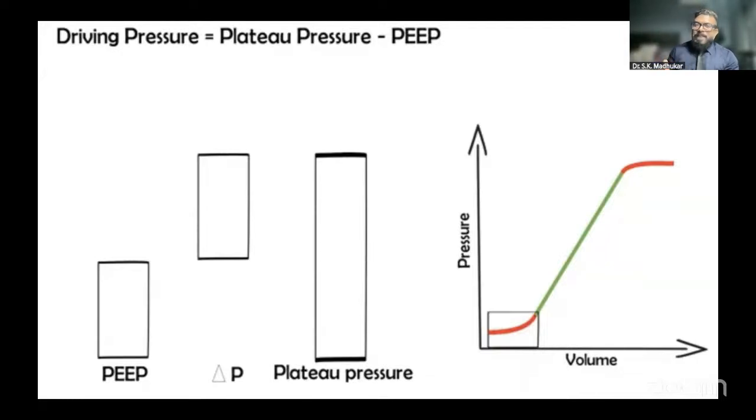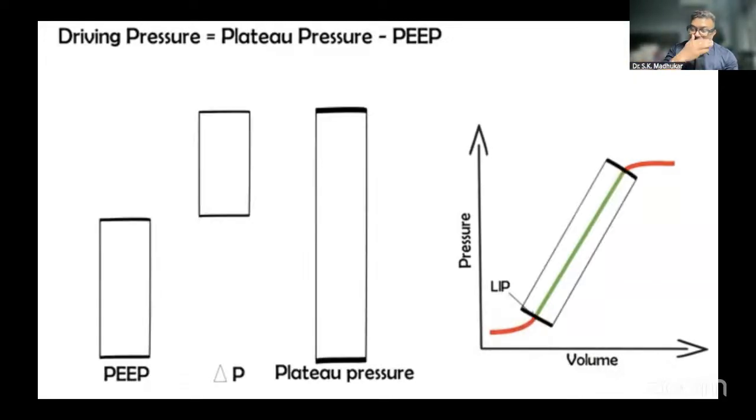So initially, to keep the driving pressure, you will increase the PEEP. And if by increasing the PEEP, your driving pressure is getting lesser and lesser, it means you have to move further. You have to increase PEEP further so that you can move above the LIP. And here, if you increase the PEEP further and the plateau pressure is also increasing, but the increase in the plateau pressure with the increase in the PEEP remains almost equal, so the driving pressure still remains low.